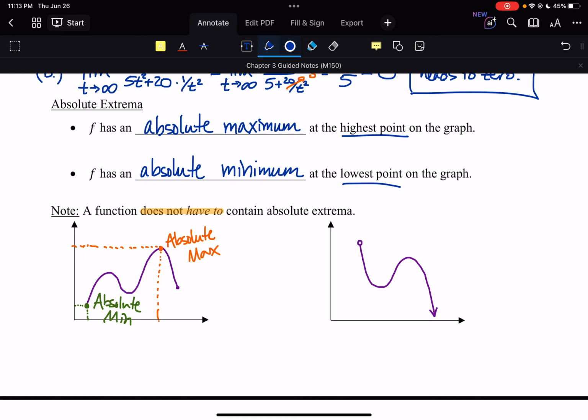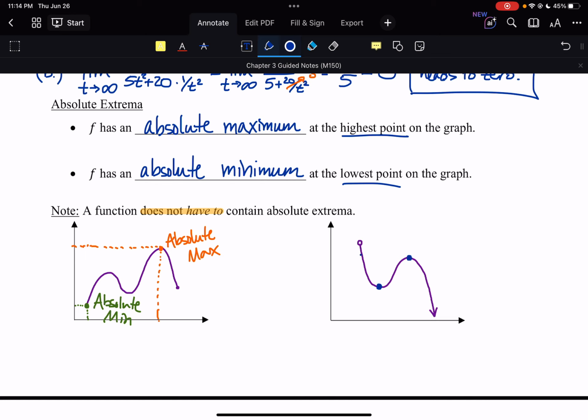But now if you look over at the other graph, we have an open circle up here. So this endpoint is not included. And then it dips down, back up, and then down, and then it continues on forever in that direction. This graph has a couple of relative extrema. There's a relative minimum right here and a relative maximum right here.